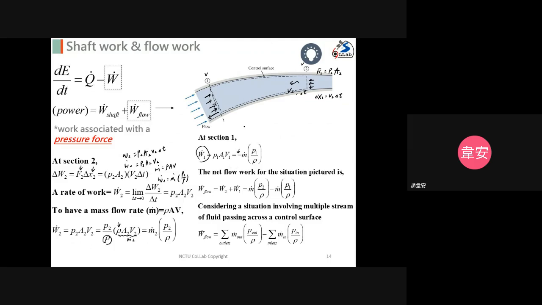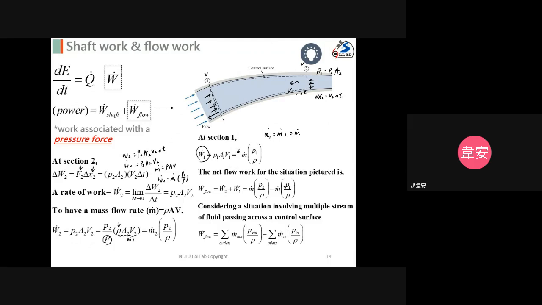And since we know the pipe flow always satisfies the continuity equation, the mass flow 1 is equal to the mass flow rate 2. And we just use the same mass flow parameter m rate. So we can rewrite the work flow rate as the work flow rate 2 and the work flow rate 1, so m rate P2 divided by rho minus m rate P1 divided by rho.